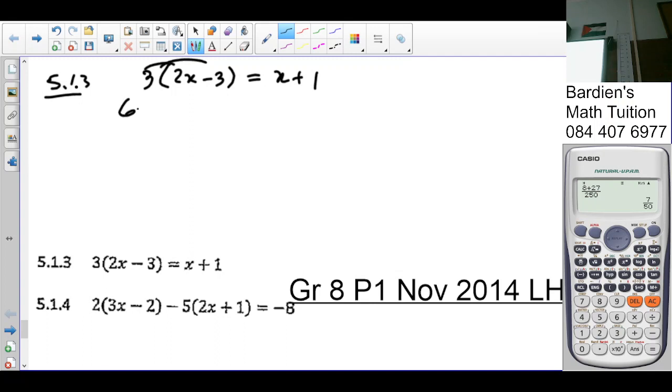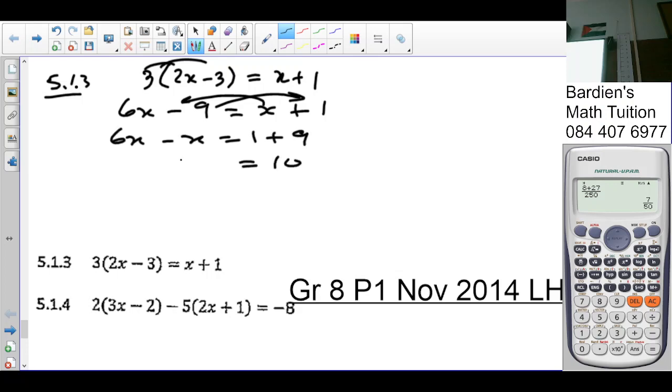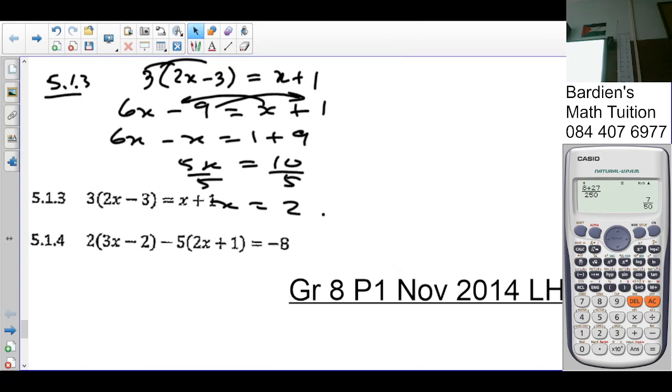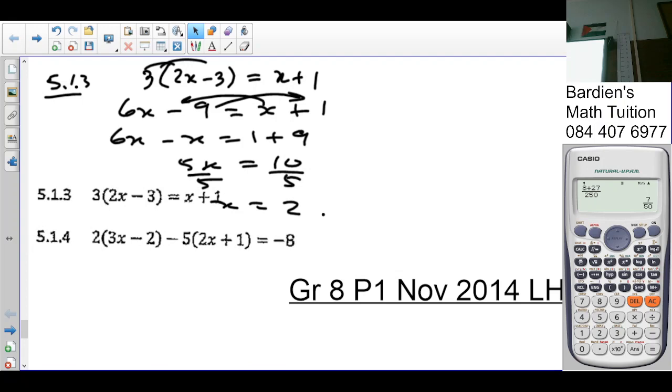So it's going to be 6x minus 9 equals x plus 1. What do I do now? X is one side, numbers the other side. And you see the same thing that we are applying all the time. So it's going to be 6x minus x is equal to 1 plus 9, which is 10. Divide by 5 both sides, x is 2. Okay, you all agree with that? Any confusion there? No?